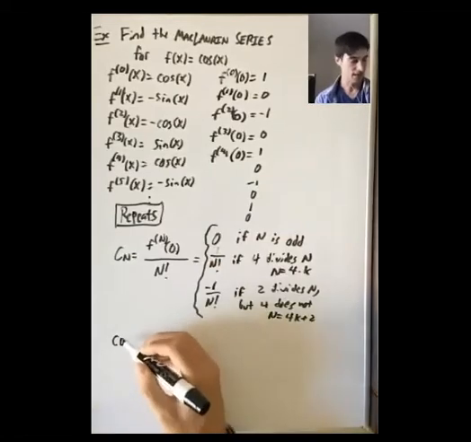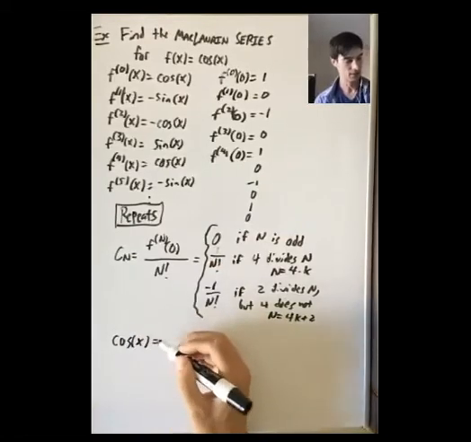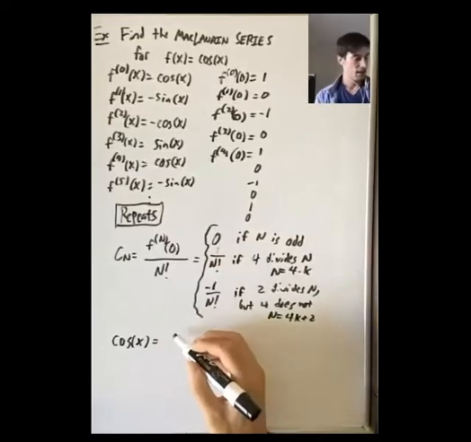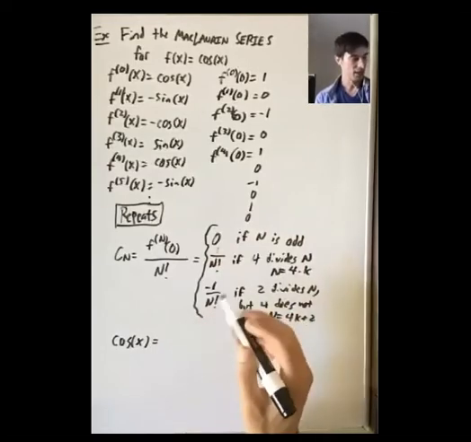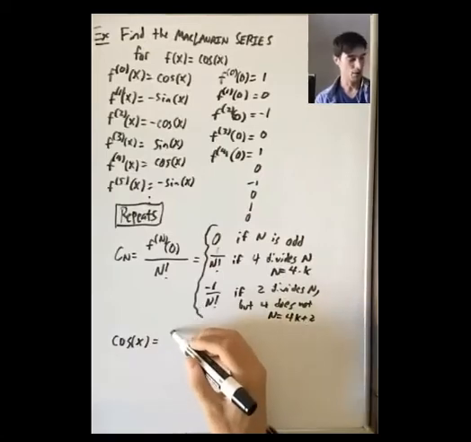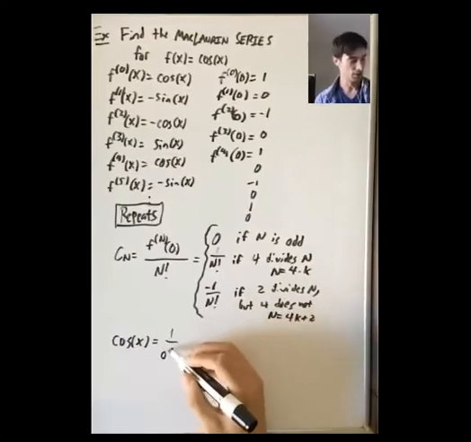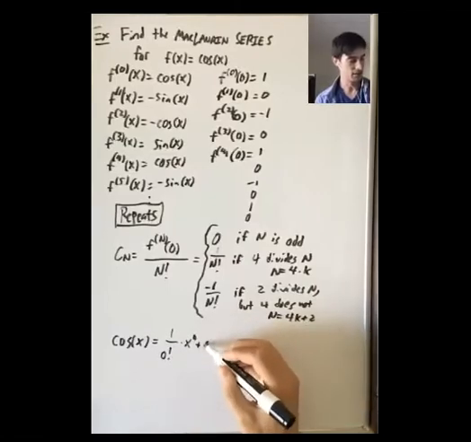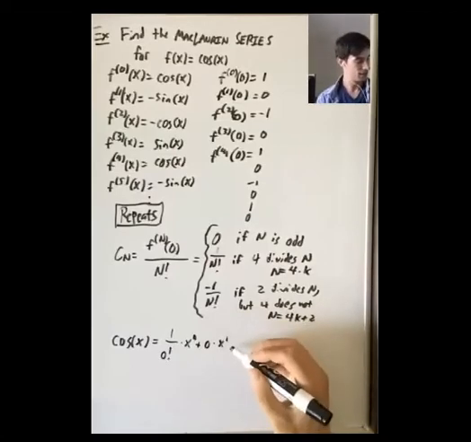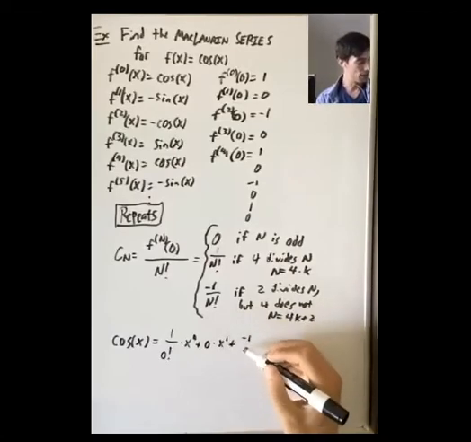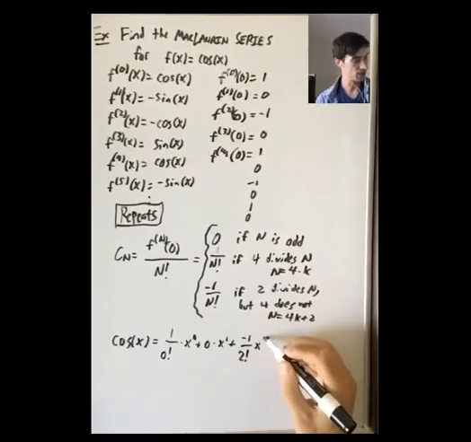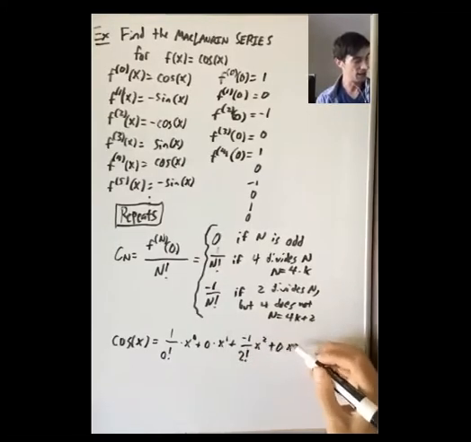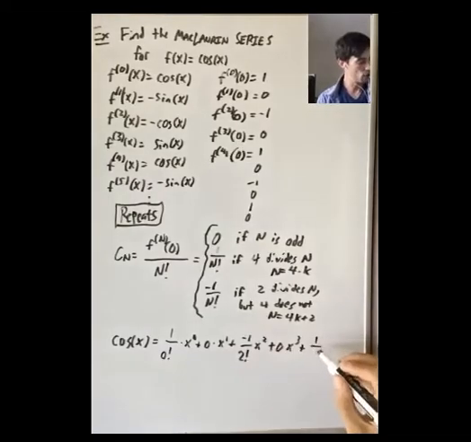But what does that actually say about the Maclaurin series? Well, cosine of x, the first term is the 0 term, which is going to be 1 over 0 factorial times x to the 0, plus 0 times x to the 1, plus -1 over 2 factorial x to the 2, plus 0 x to the 3, plus 1 over 4 factorial x to the 4, plus 0 x to the 5.